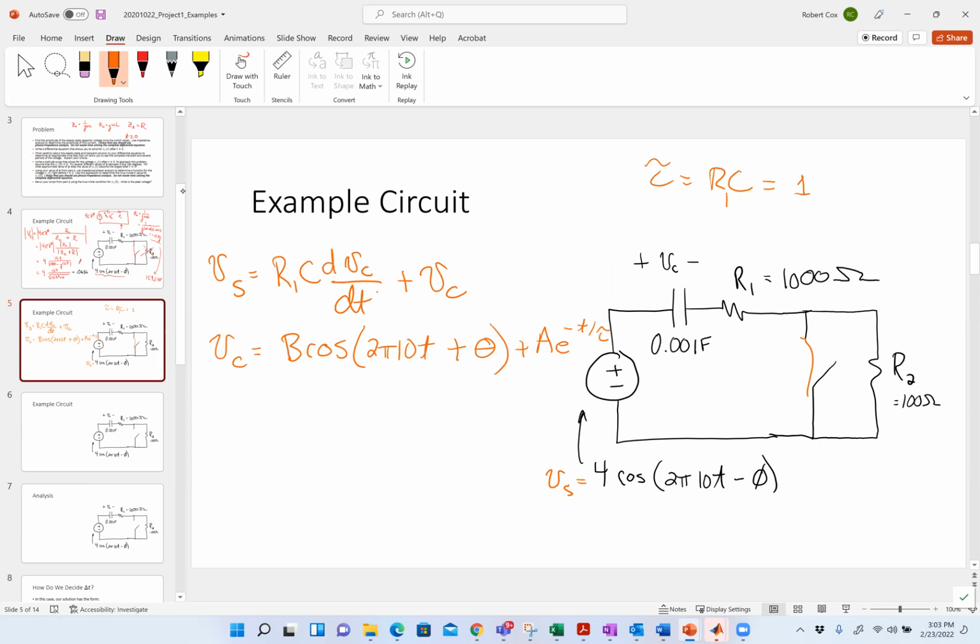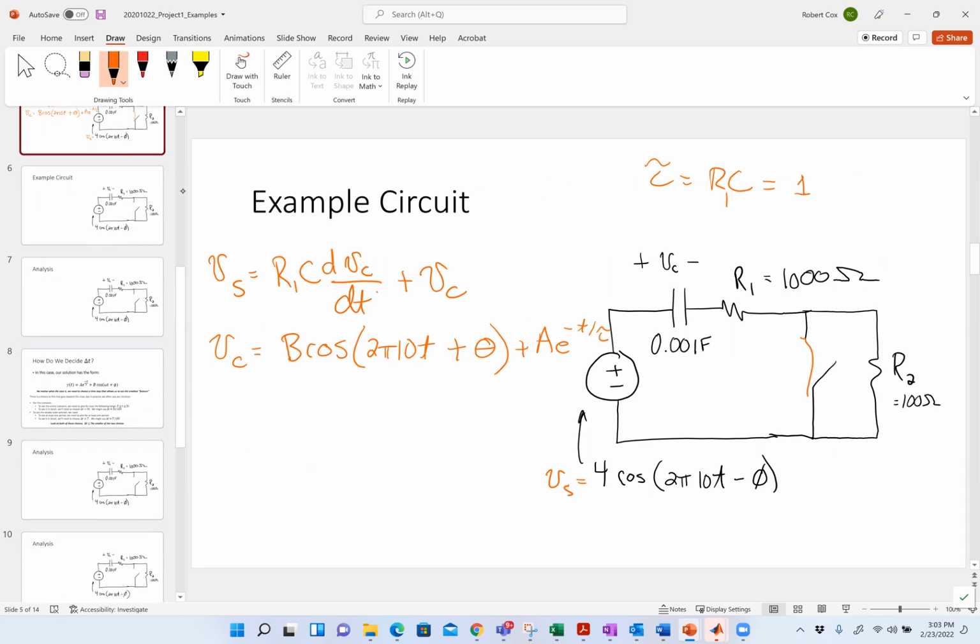When I talked about this before, how do I think about this problem? I've got two choices. You can either use the frequency or use tau to determine your time step.